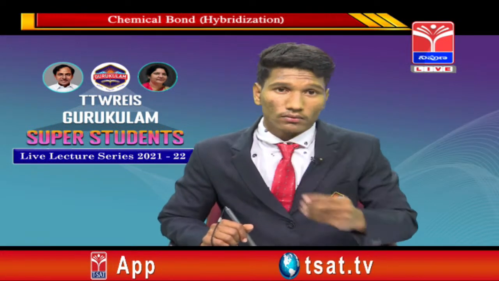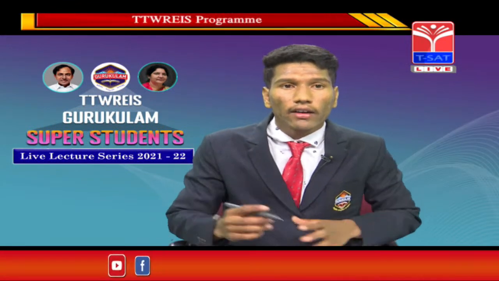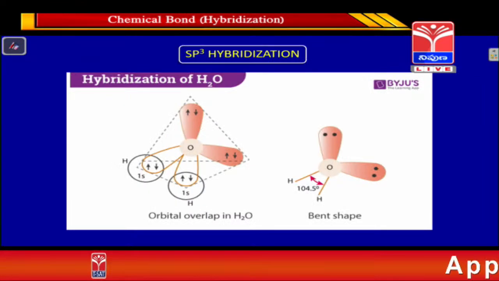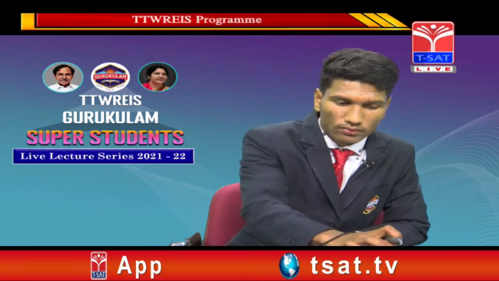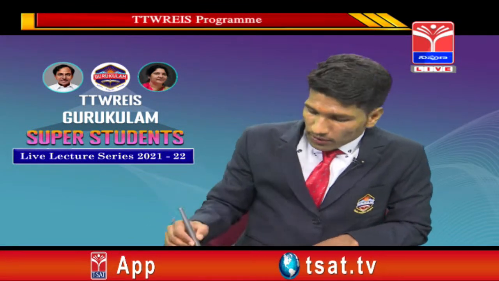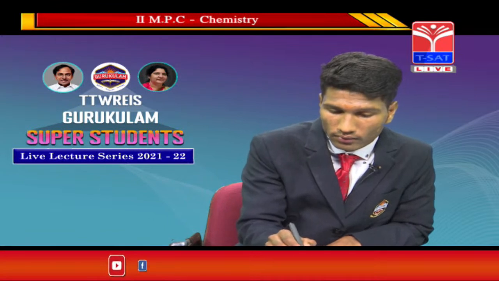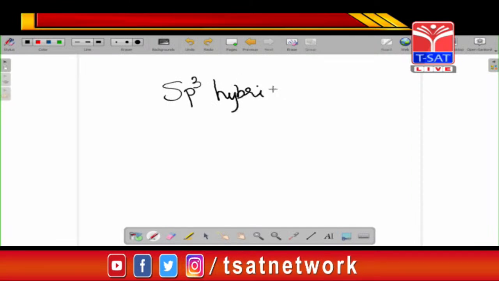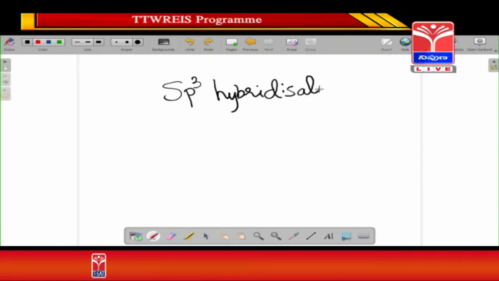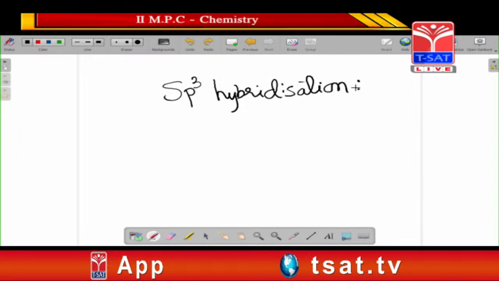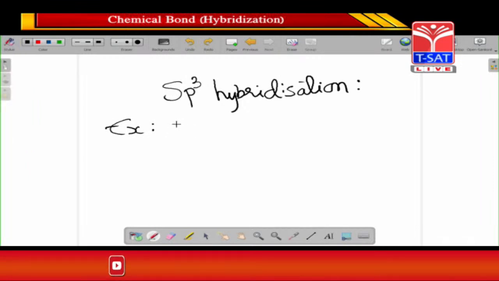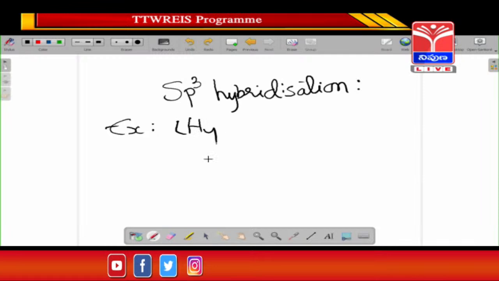First of all, we are taking methane as the example. We take the example of methane, CH4.